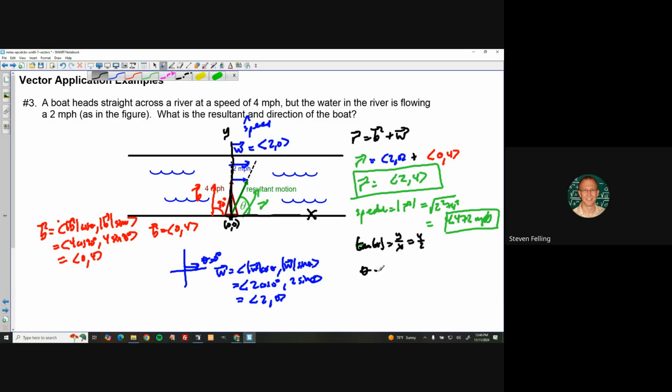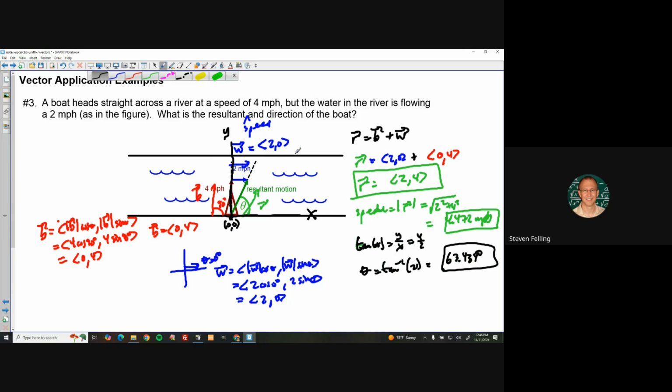And I could then take the inverse tangent of 2, which turns out to be in degrees 63.434 degrees. So I could also tell the direction that I'm going. This kind of stuff is really useful for, say, navigating planes where you have wind pushing you around and you also have the engines pushing in a direction. Right? So you could have motion, and in this case, the vectors represented the velocities.